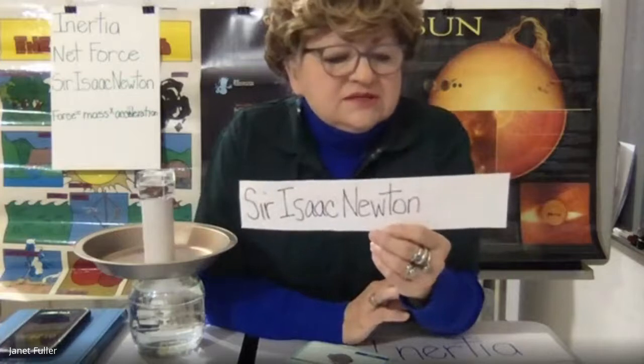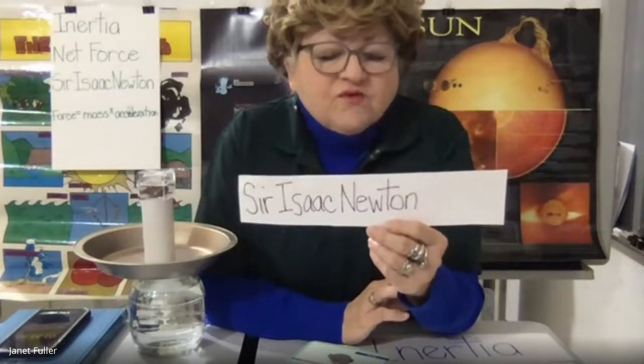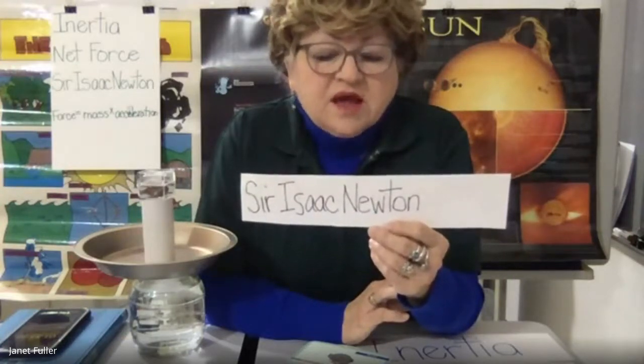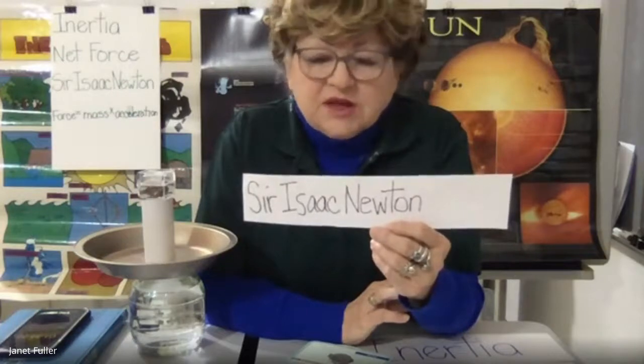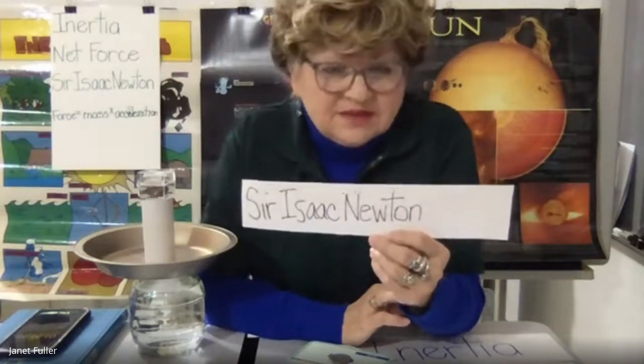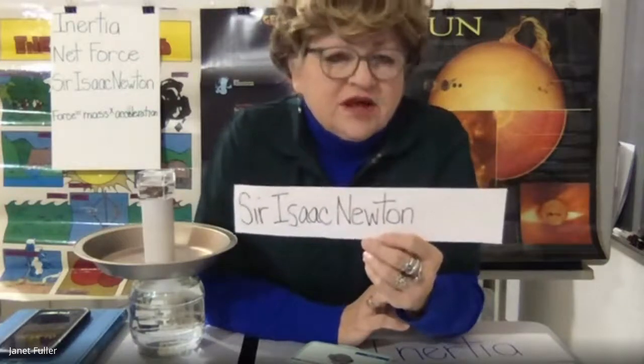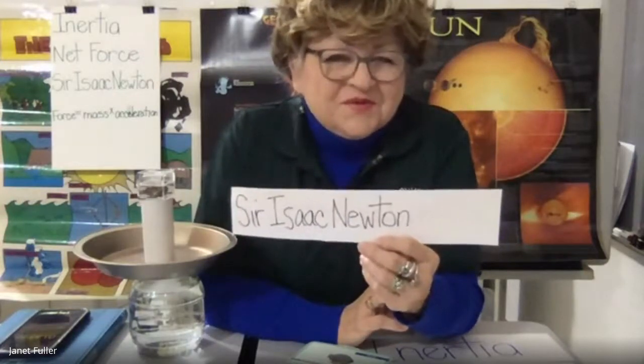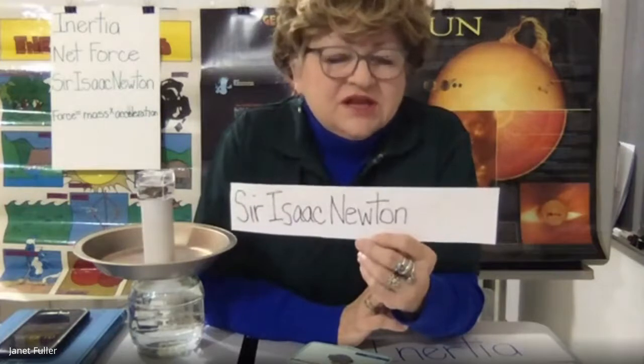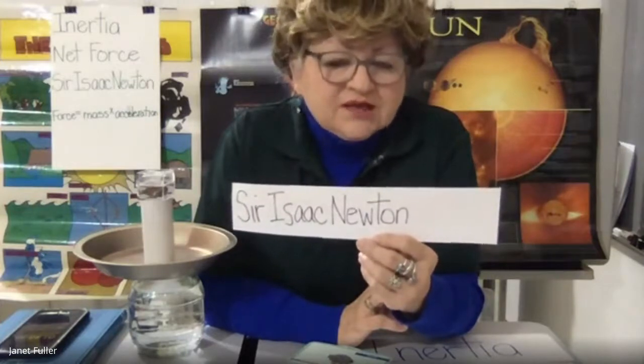His second one is the vector sum of the forces, F, on an object is equal to mass times acceleration. And his third law says, I know you've heard this one before, for every action there's an equal but opposite reaction.